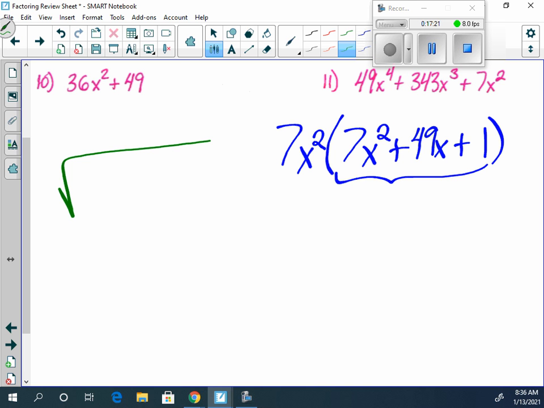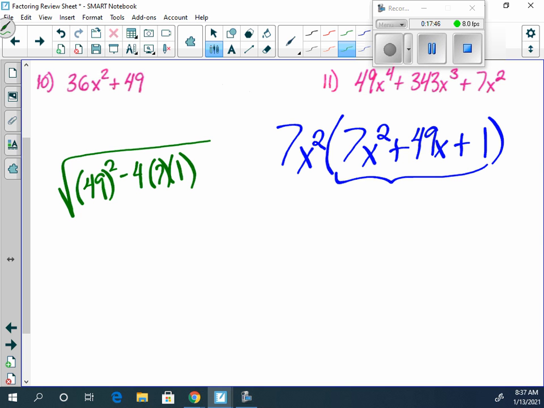Then that's my first kind of indication that this might not be factorable. The other thing we can do is just use the b squared minus 4ac, 49 squared minus 4 times 7 times 1, and plug this in. Now, this will not give us an imaginary number, because again, 4 times 7 times 1 is not going to make 49 squared be negative. There's just no way that's going to happen.